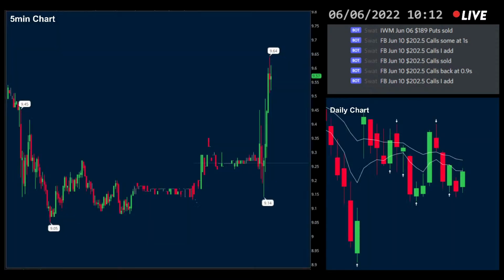Nice move on wood. I locked 50% gains, but it kept going some more, so congratulations.